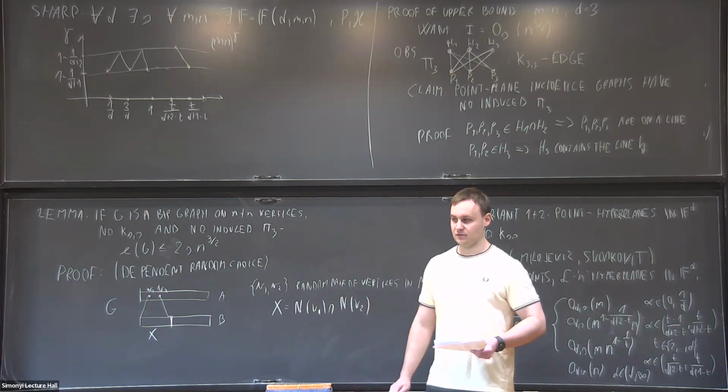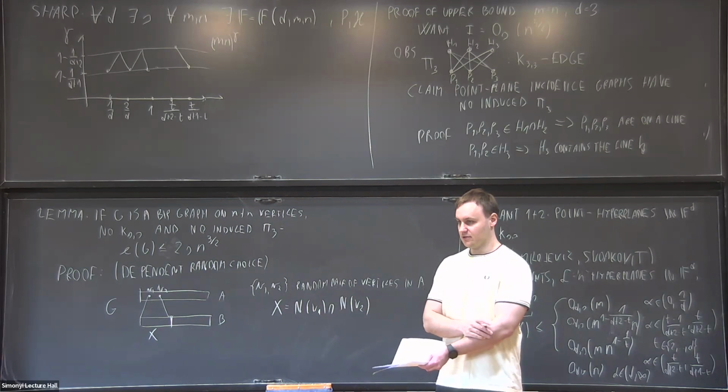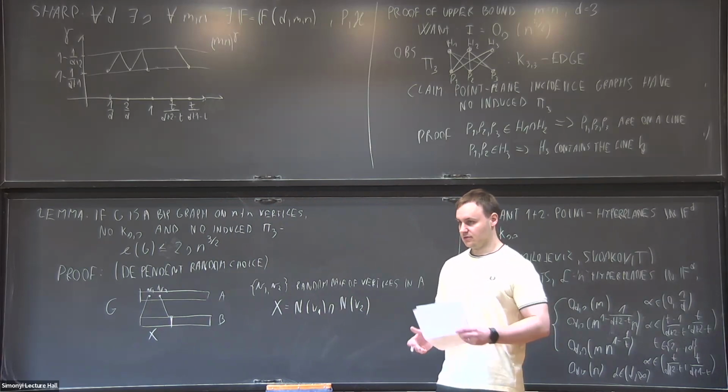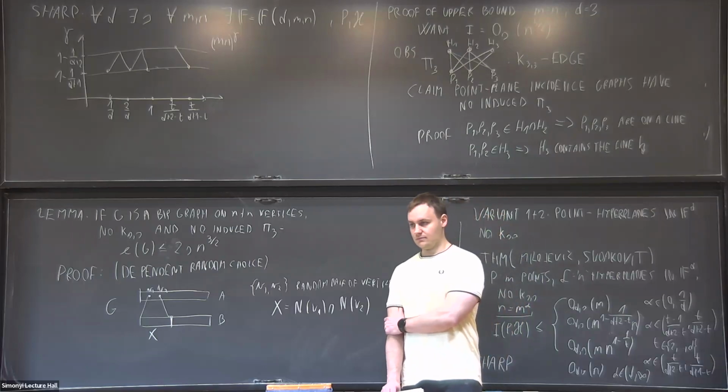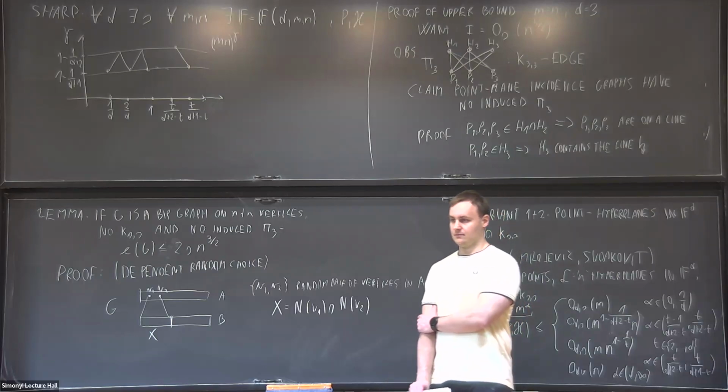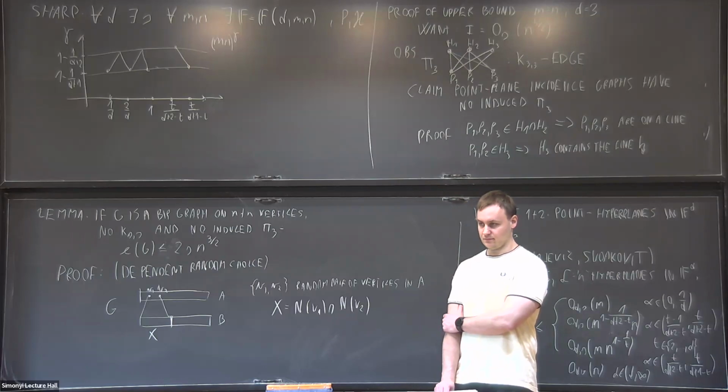Can I say something more general? Yep. The dependent random choice is how do you pick a random set of vertices of a graph? In many arguments, you just pick it at random. But if you want some adjacency properties or correlations between the edges in your induced subgraph, then that's the Gowers' main point.